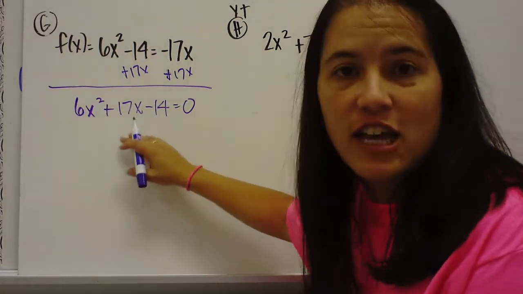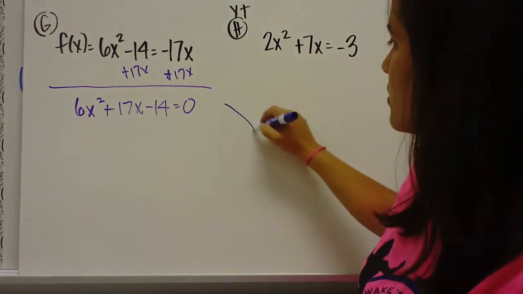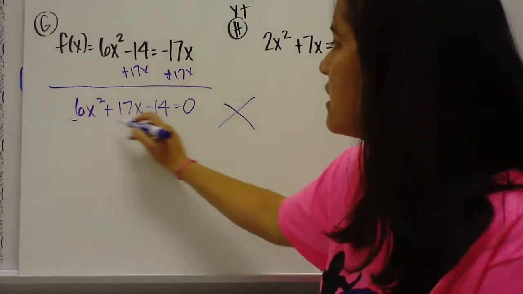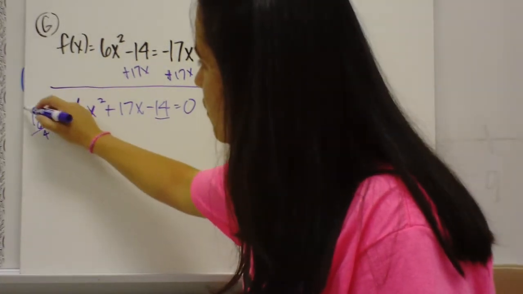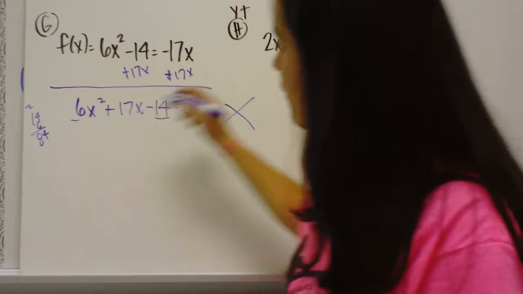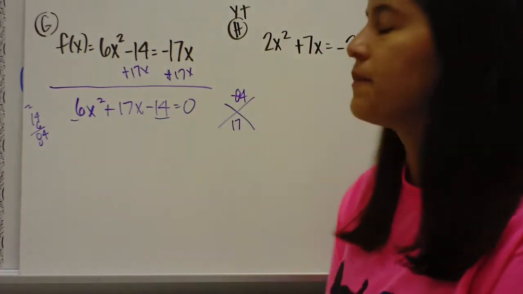Can I factor anything out of 6, 17, and negative 14? No, I can't. So I'm going to multiply 6 and negative 14. 84, so it's negative 84, and I need a positive 17.